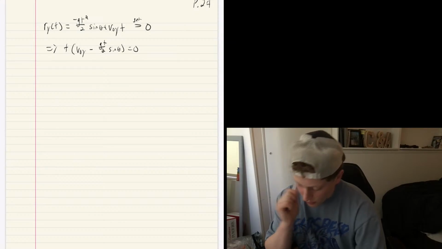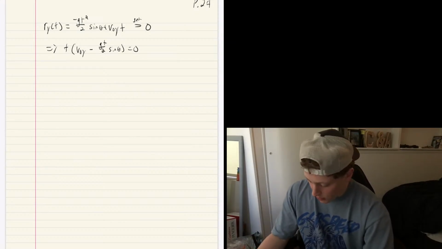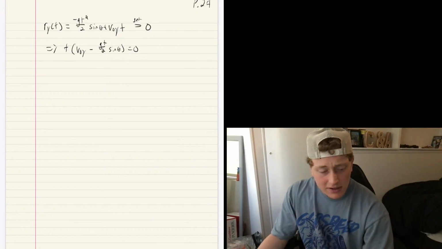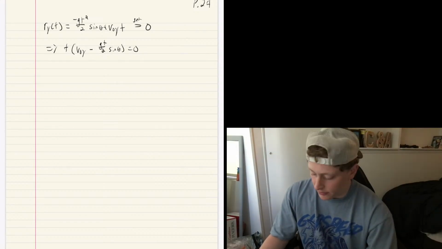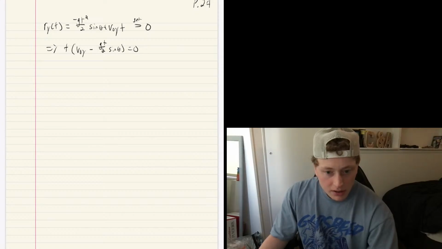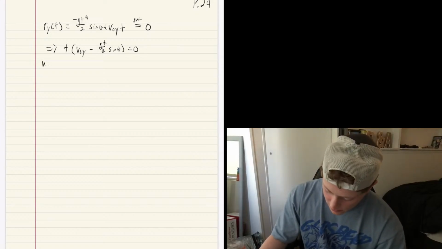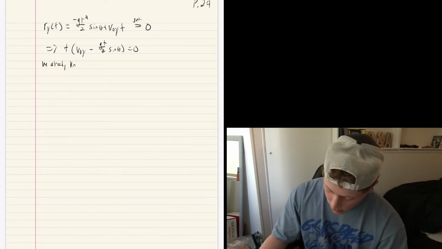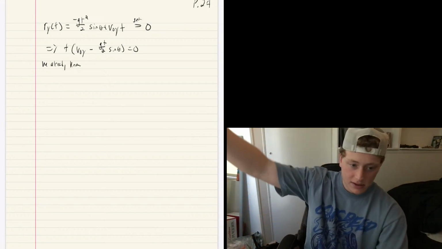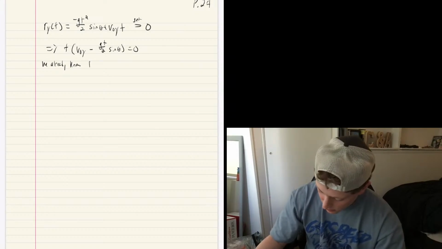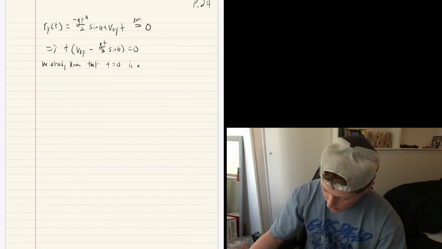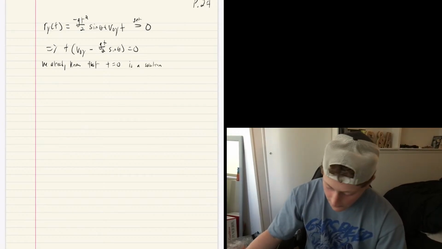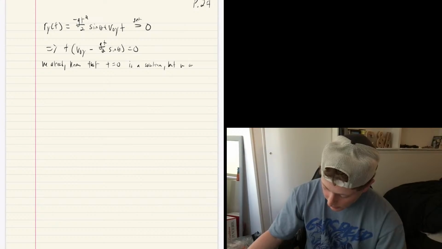Is this going to be the same exact answer? If I remember correctly, this is what the answer was last time, except that time we were doing x in the upwards direction for whatever reason. So we already know that t equal to 0 is a solution.